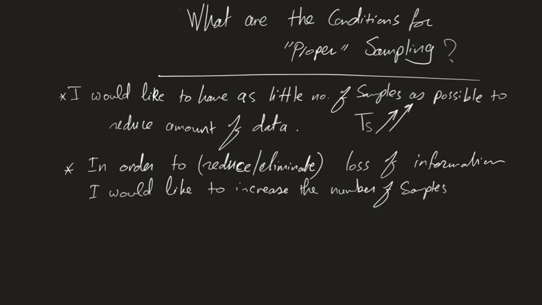Now to increase the number of samples, this means basically Ts should go actually smaller, not larger, right? So that's the opposite. So there must be some balance point or some condition where Ts is not too large, but it's not too small, okay? So we'll see how to figure out this, okay?